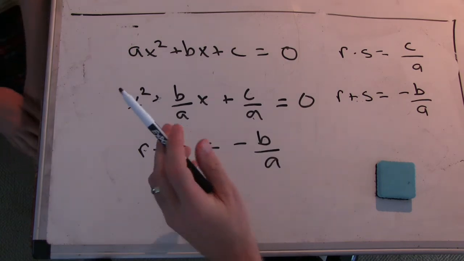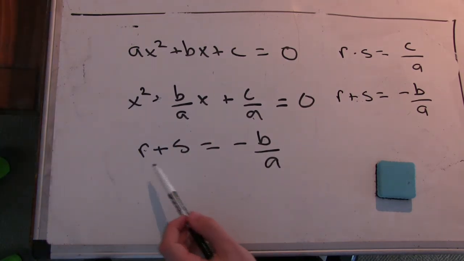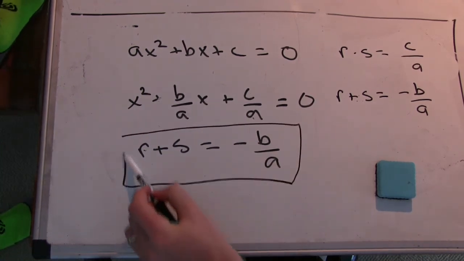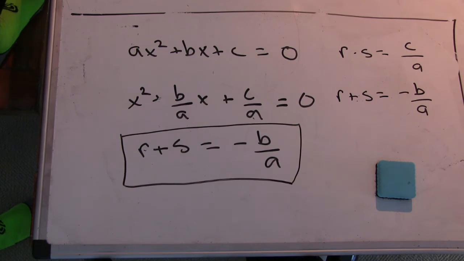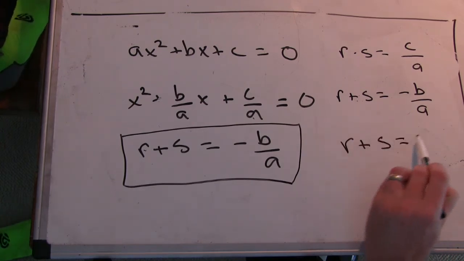Would you be able to tell me, just from this equation, what r and s are? No, I don't think you would. Give me an example of why not. Say b over a was equal to negative 2, so that r plus s equals 2.